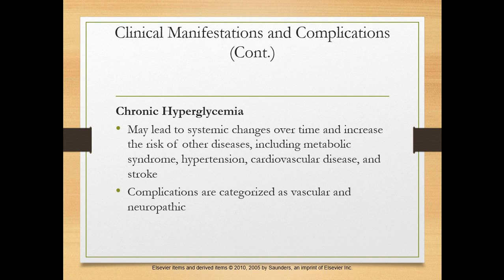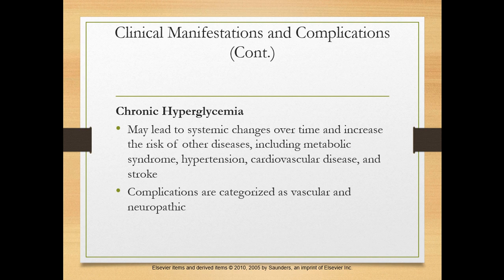What also happens is that when it becomes complicated or chronic, or just a long-standing situation, this can affect the cardiovascular system as well as the neuro system. Those two things are very important to know because this predisposes these patients to a whole list of different conditions that are coming from this.